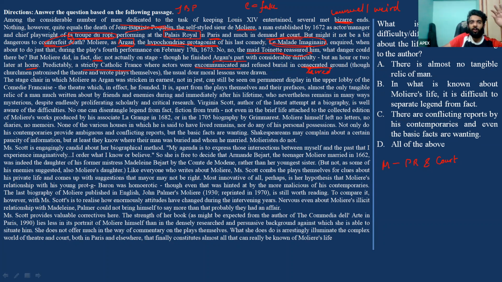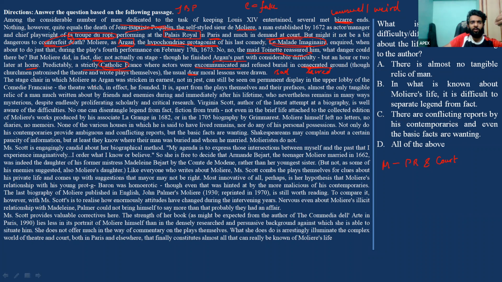Okay, the usual door. So what is this door? Door is gloomy, something that is sad. Okay, moral lessons were drawn. So basically, these churchmen were not allowing the actors and all to get buried in the church or near that place, because the France at that time was very, very Catholic, and they looked down upon these kind of men.